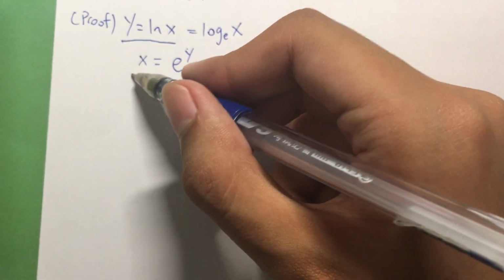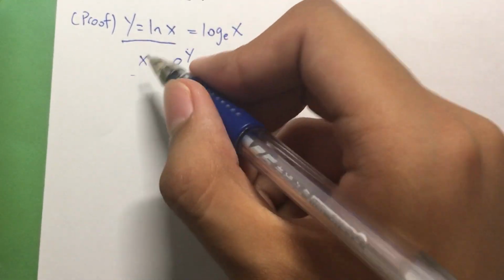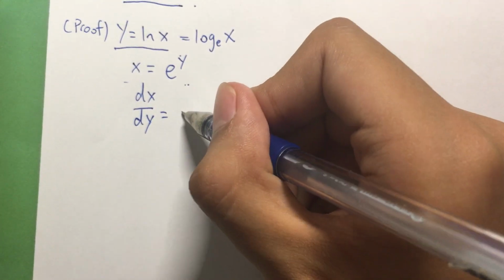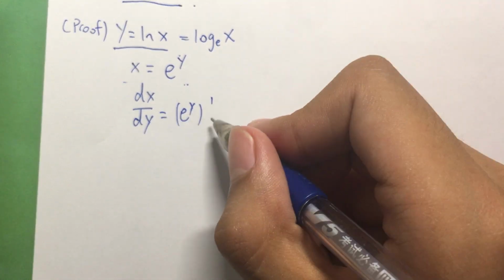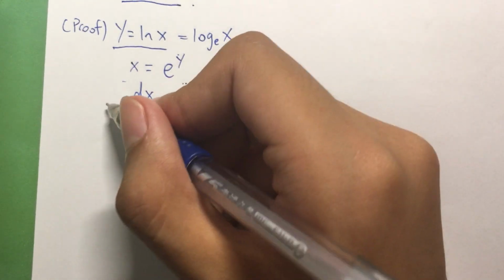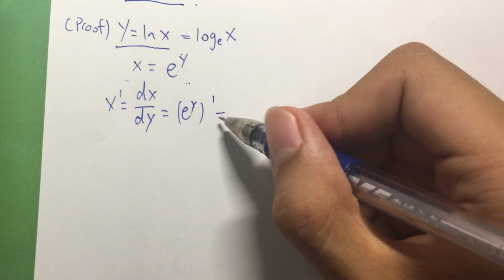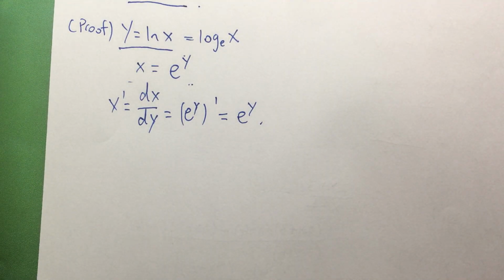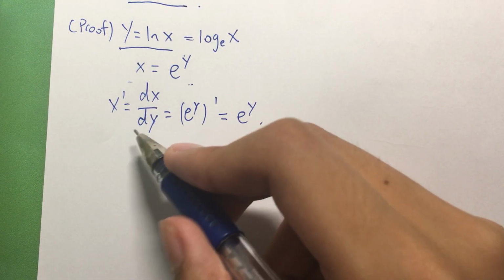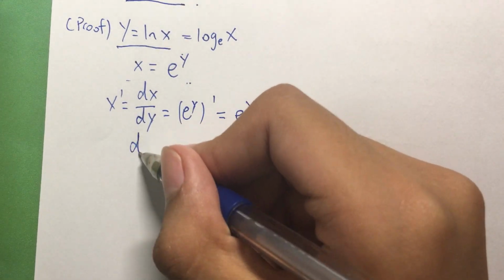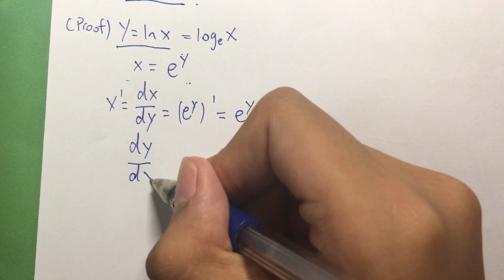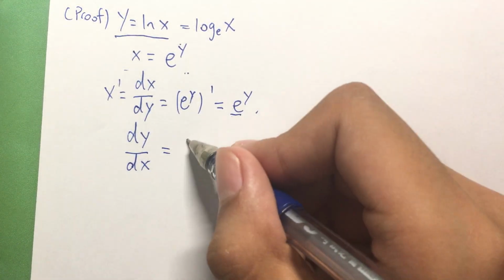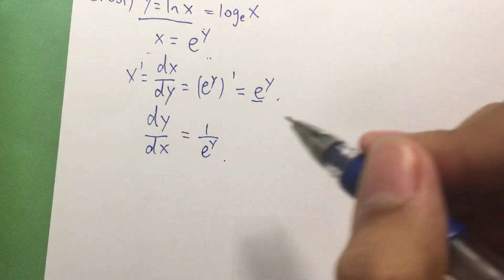Now let's do differentiation on both sides, which we have dx over dy equals e to the power of y, which means the x dash side remains the same and it still equals e to the power of y. Now for dx over dy, let's flip it. Let's take its reciprocal, which becomes dy over dx equals 1 over e to the power of y.